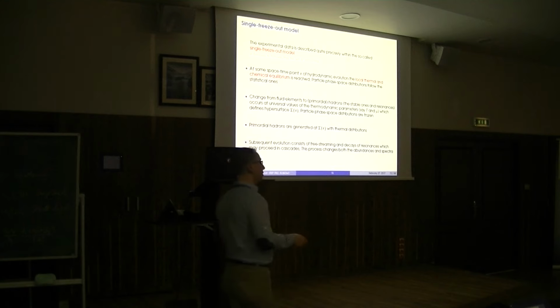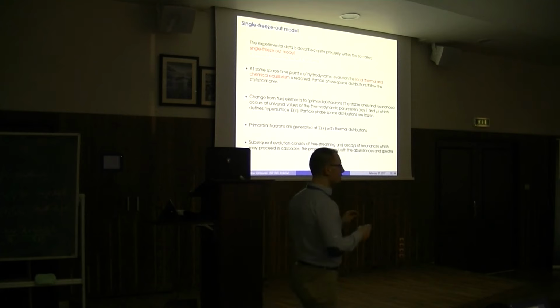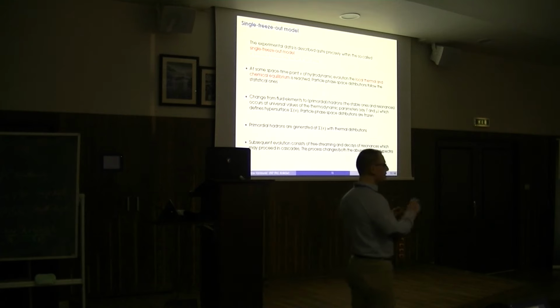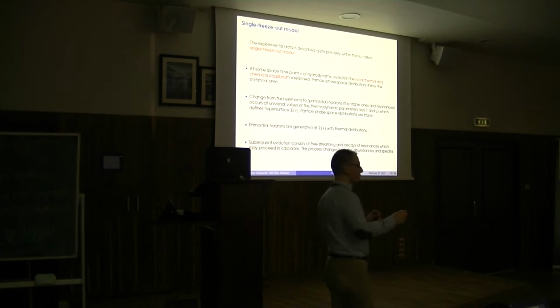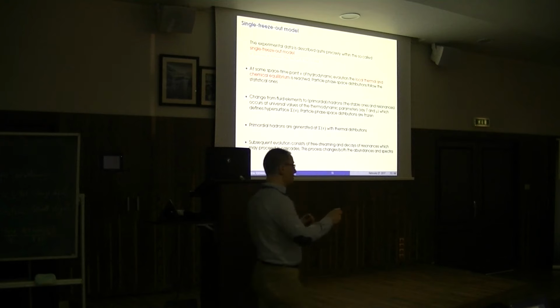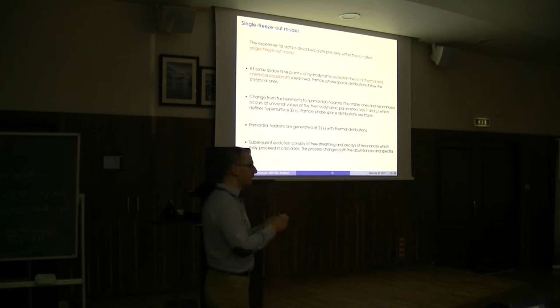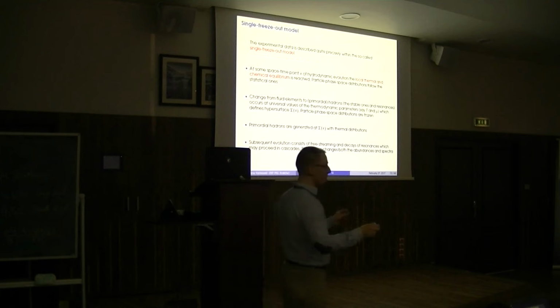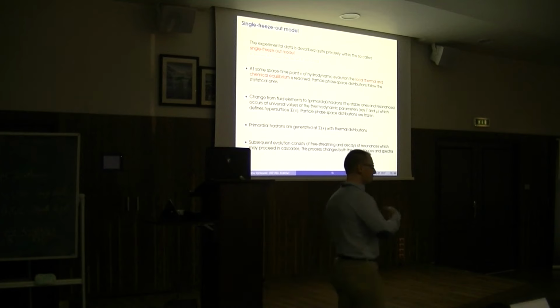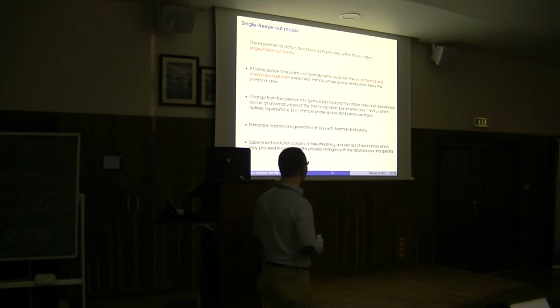This change involves not only the stable particles, but may also involve some unstable particles like heavy resonances. These, on the other hand, can decay to lighter resonances, and the whole situation may repeat. So there are decays which follow in cascades.